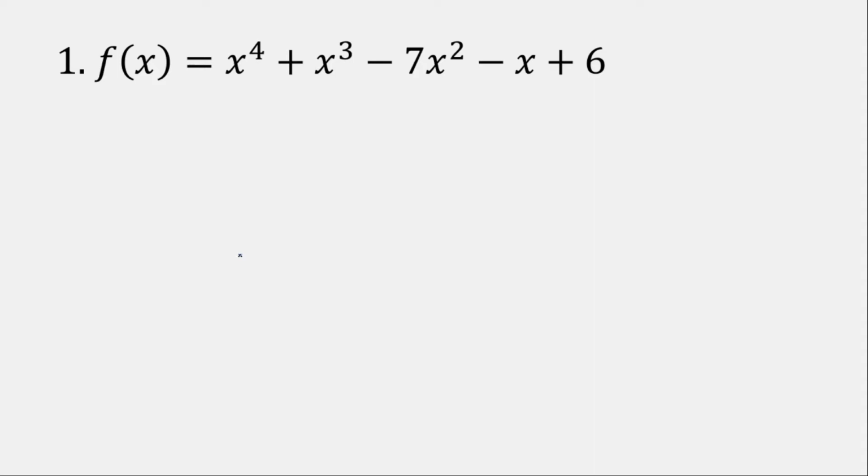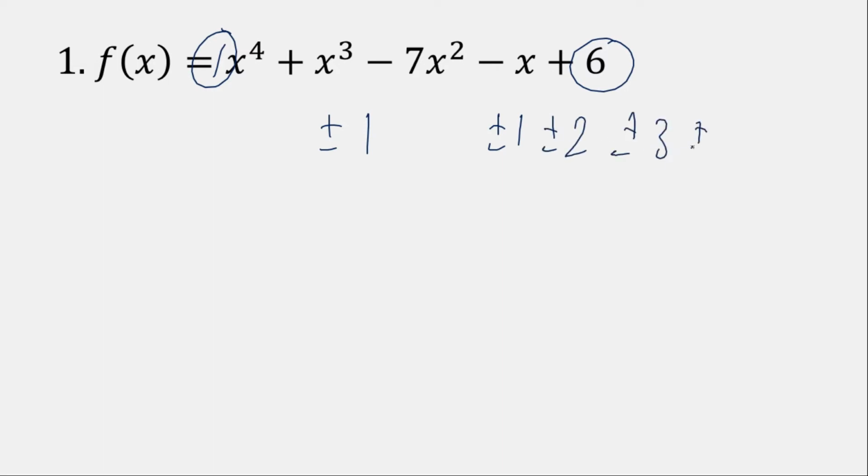Now to do that, we just need to apply the rational root theorem, wherein we get the factors of the leading coefficient. This is 1. The factors of that are positive negative 1. And we need to get the factors of this: positive negative 1, positive negative 2, positive negative 3, and positive negative 6. Now we're going to divide all of this by all of this.